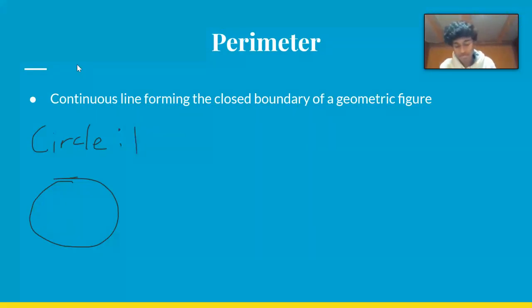Well, for a circle, the perimeter is equal to the circumference. The terminology for the length of the boundary of a circle is the circle's circumference. So this black boundary right here is the circumference of the circle. And the circumference, C, is equal to 2 pi r, where r is the radius.